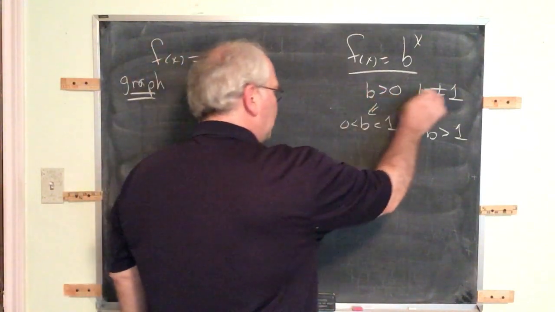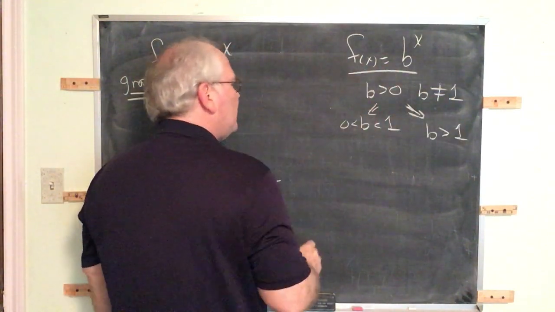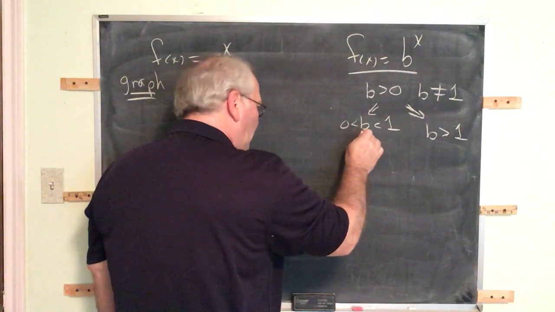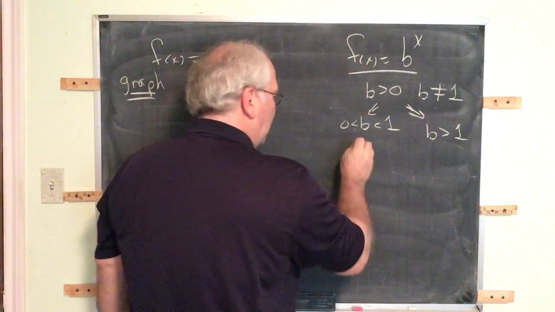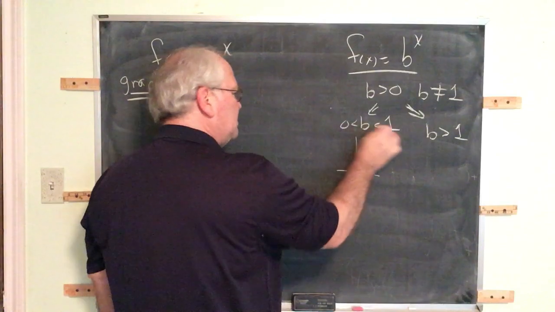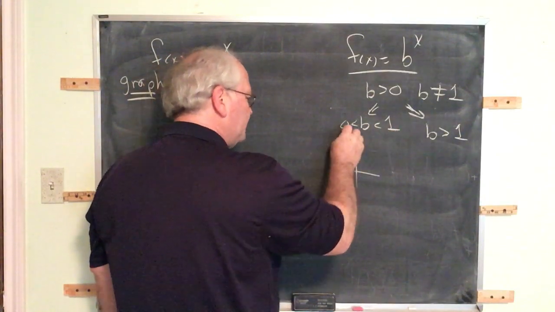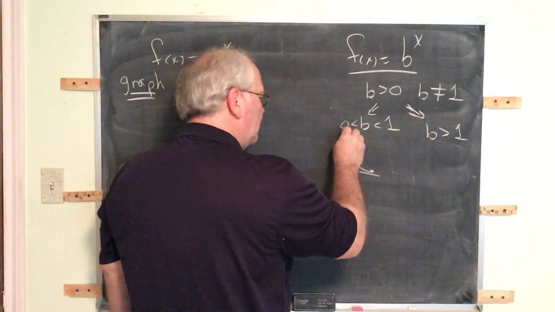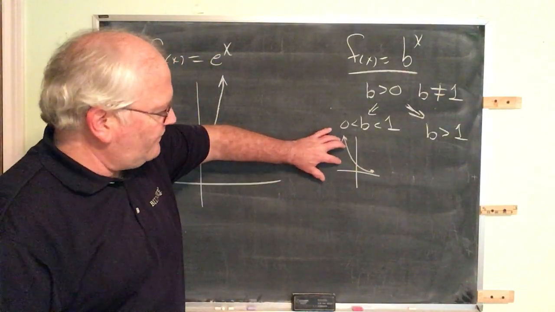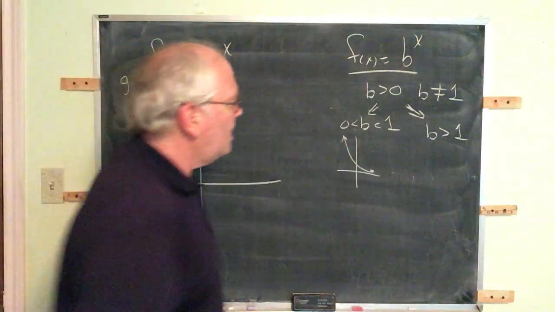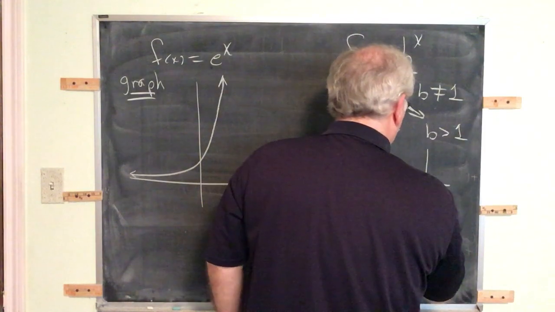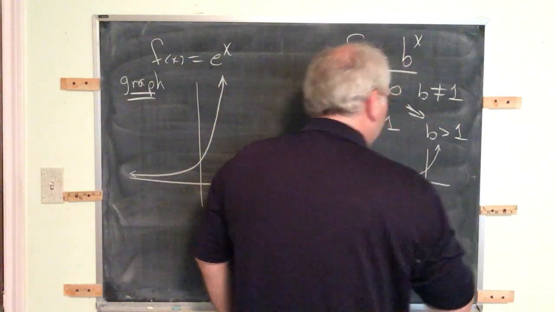So long as it's greater than 0 and not equal to 1 is permitted. Now, what would this look like? If the base is a value between 0 and 1, then the graph roughly looks like this. If the base b is greater than 1, the graph roughly looks like this.